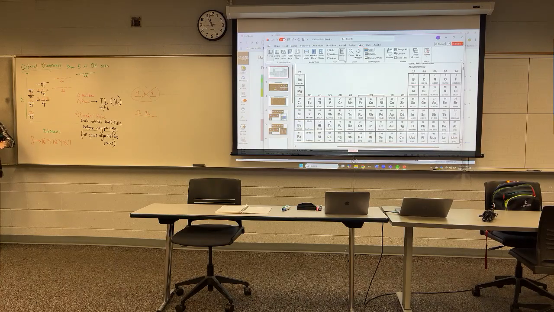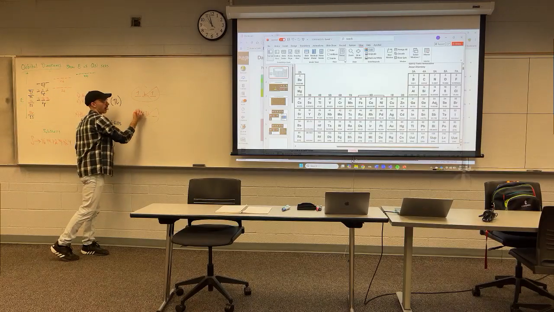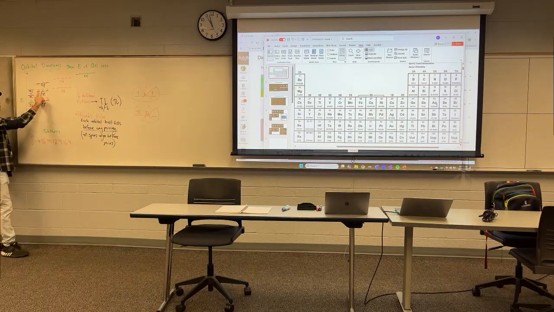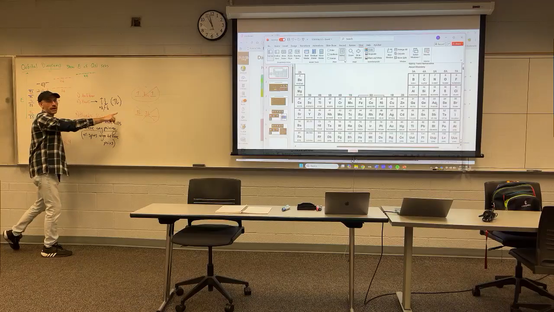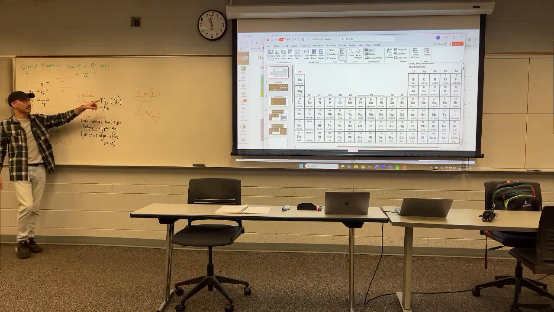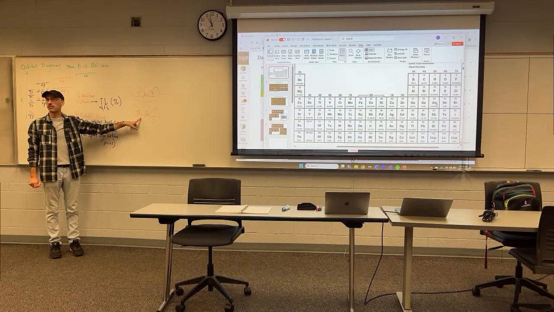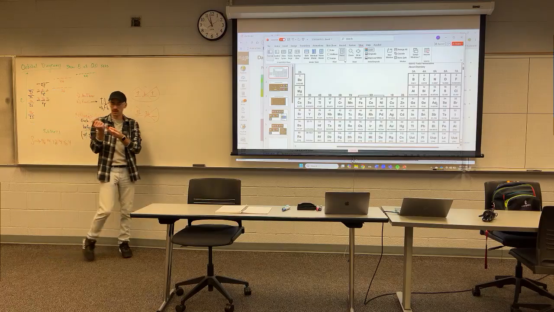There is an intrinsic stability to having them separate before being paired. It's better to have your electrons more evenly distributed than it is to have them paired with each other. Deal? Spin alignment, Hund's rule. Half fill all of the electron orbitals before you pair any electrons. All right?